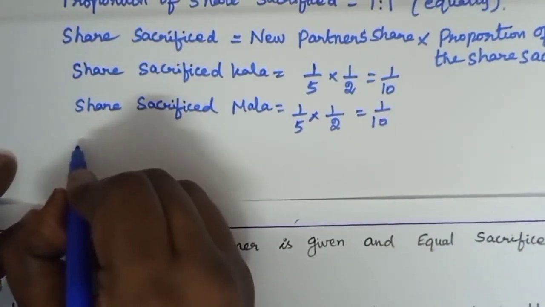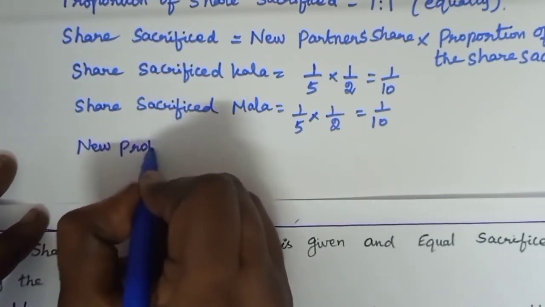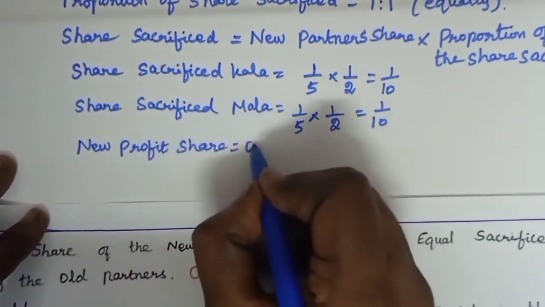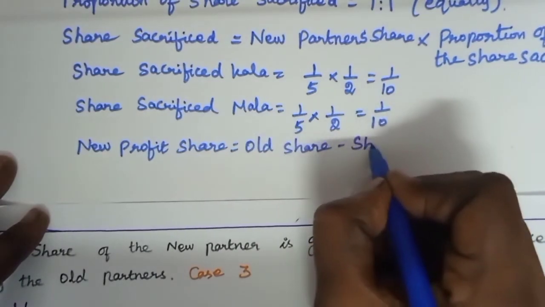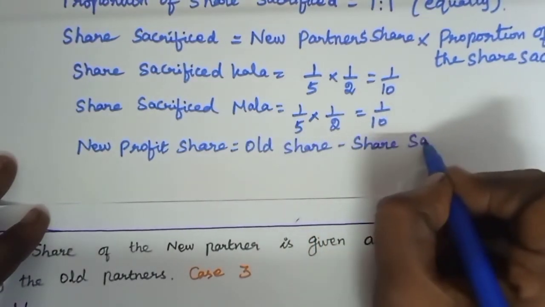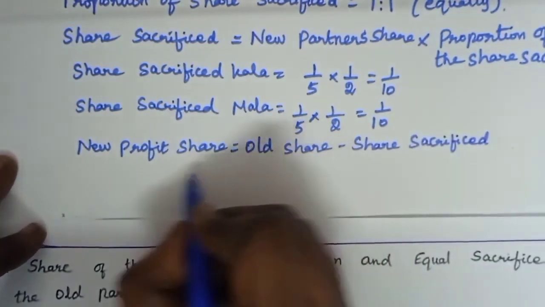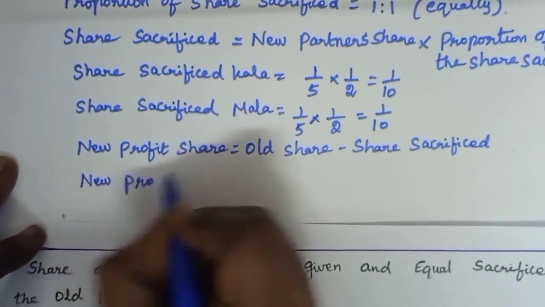Next, find out the new profit share of each partner. New profit share is equal to old share minus share sacrificed by the partners. First, new profit share of partner Kala.